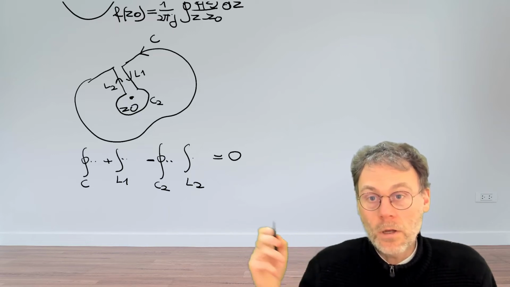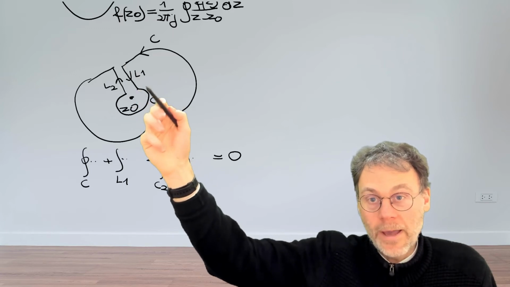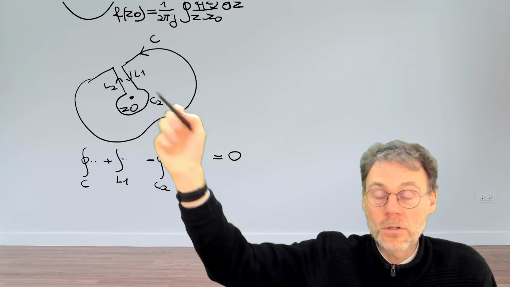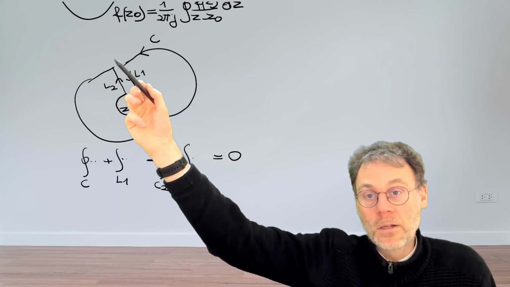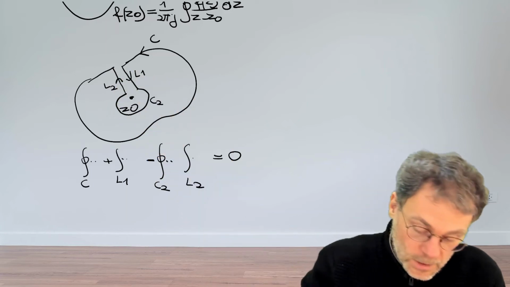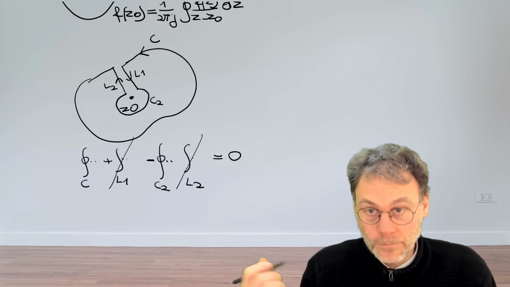And also, if you look at what happens here, once these things become infinitely close together, and thanks to the fact that our function and our integrand is well behaved and therefore continuous, this will mean that an integral from here to here will be the opposite of the integral from there to there, and therefore L1 and L2 will cancel.